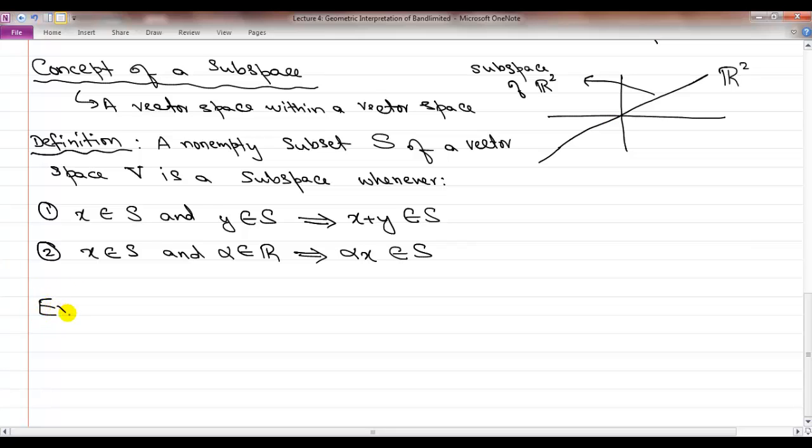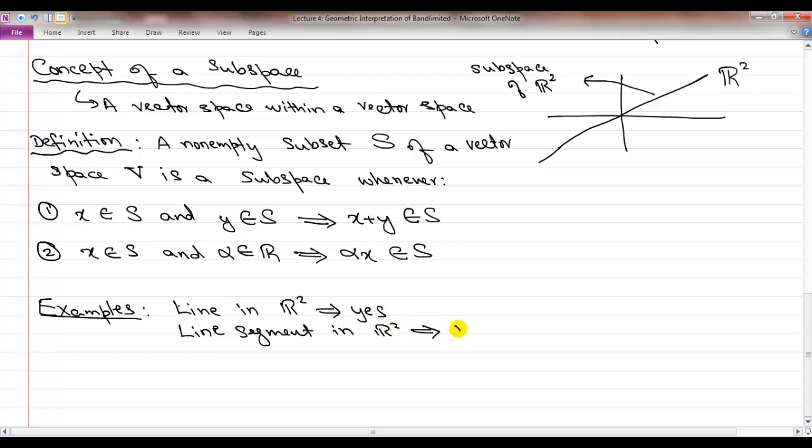So examples will be: a line in R2, that will be yes. But if we talk about a line segment in R2, that will be a no, because that is not closed under all linear combinations. You can add 2 points in that line segment and get a point which is outside that line segment. Basic geometry.